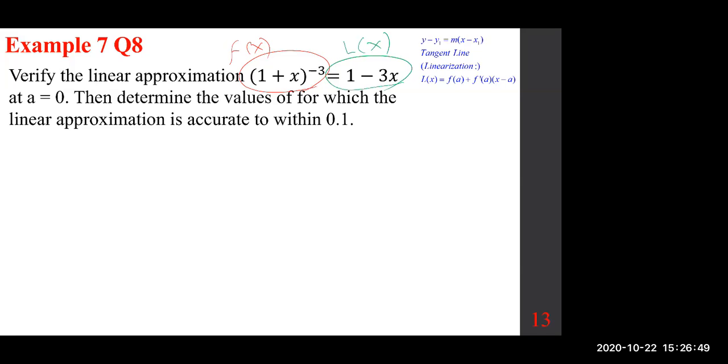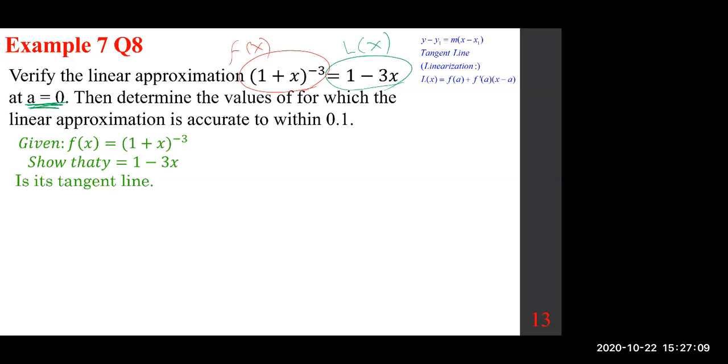In other words, if this is the function, find its tangent line at what point? X equals 0, or a equals 0. That's the idea, so you plug in, you find the pair, and so on. It's very straightforward. I hope everybody can see what we are trying to do.